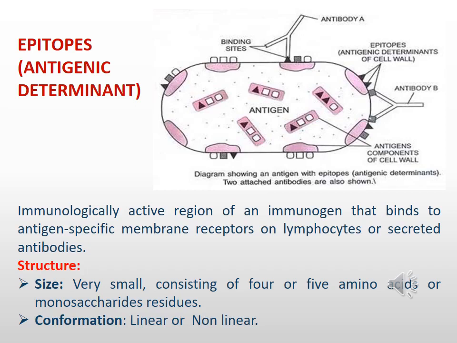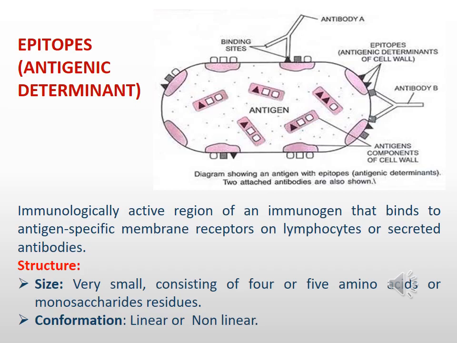That particular region may be composed of only 4 to 5 amino acids or monosaccharides. The whole antigen may be very large, but the specific region is composed of mostly 4 to 5 amino acids or monosaccharides through which it can attach to its complementary or specific membrane receptors present on lymphocytes or to the secreted antibodies.